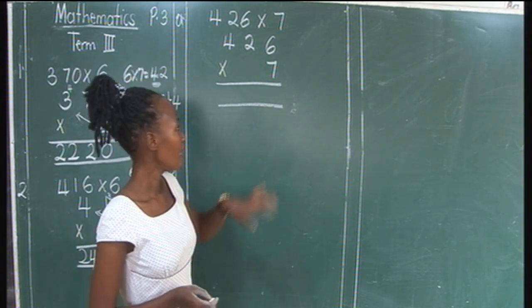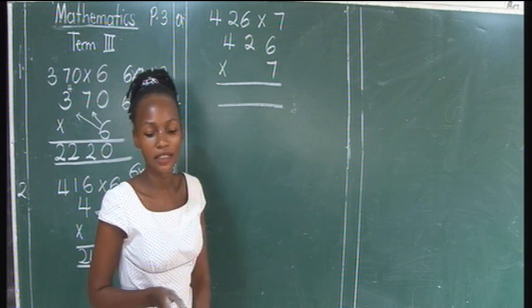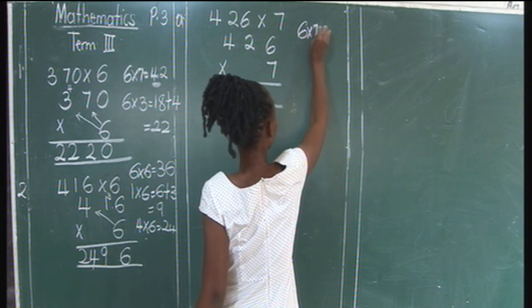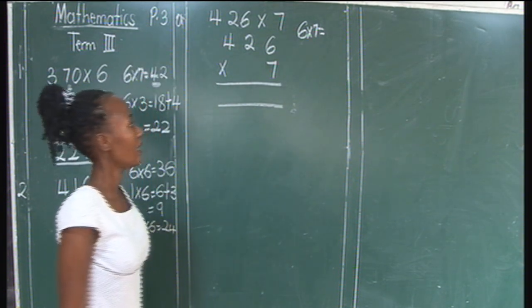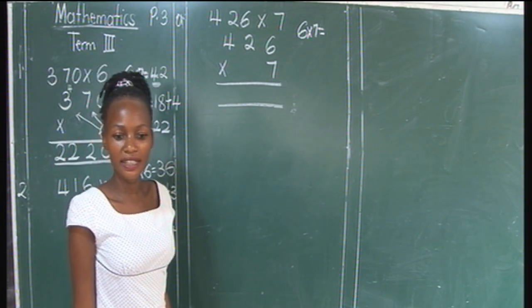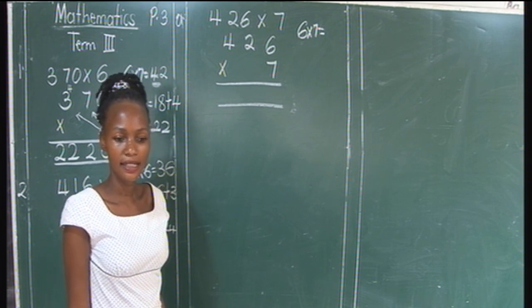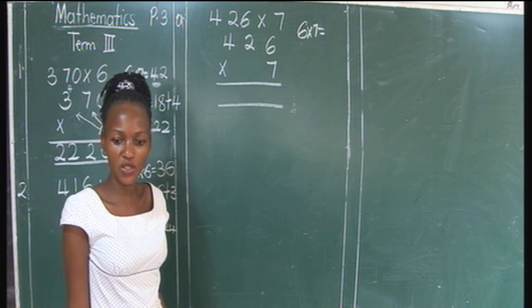Okay? Now here I have 6 times 7. What do you get? Let me write it here. Now here we are dealing with table 7. 6 times 7. What do you get?